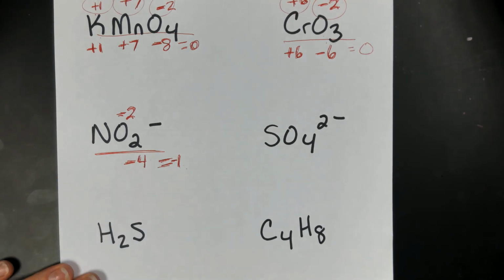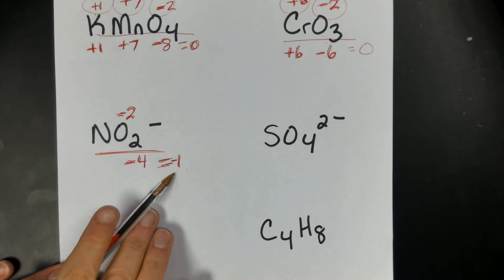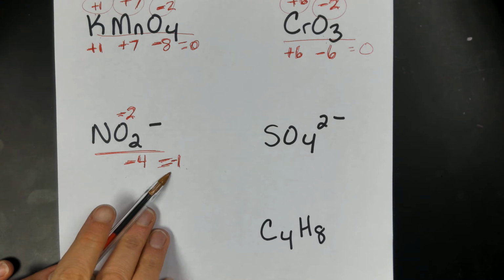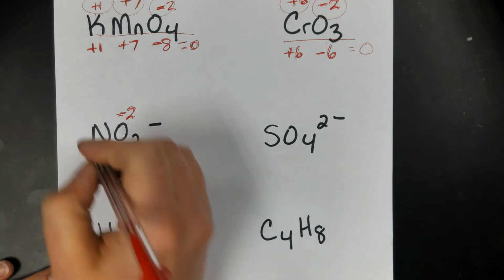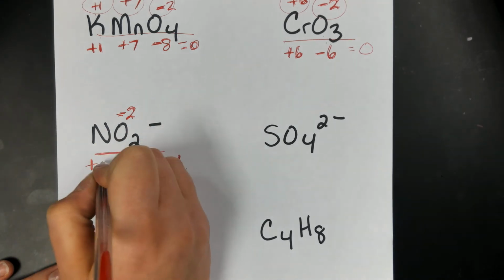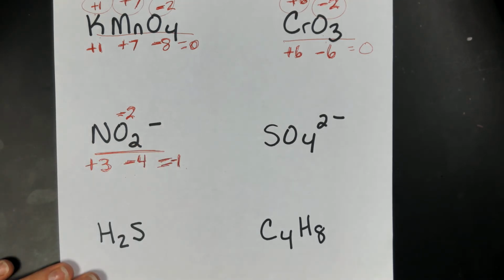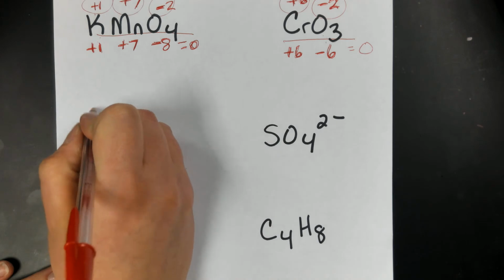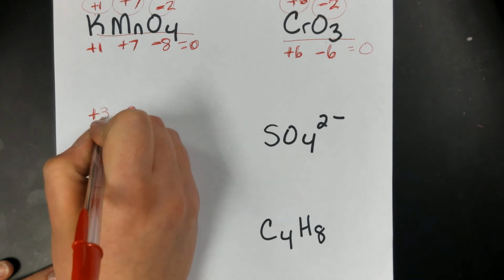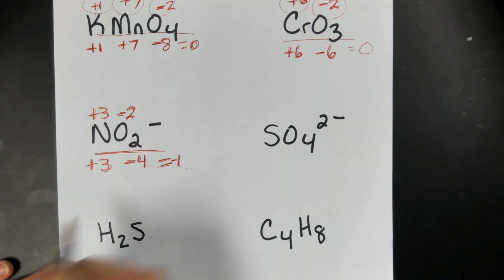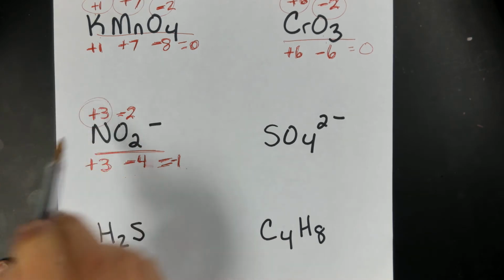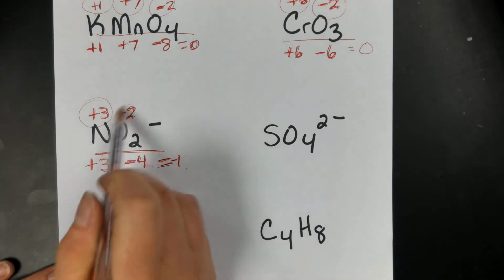So what does nitrogen have to be in order for this to total out to -1? I believe it's a +3, right? Has to bring a total of +3 to the party. And there's only one of them, so each nitrogen is a +3. So nitrogen's oxidation number in this problem is +3, oxygen's -2.